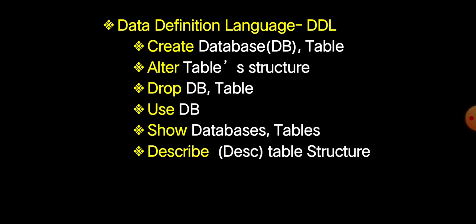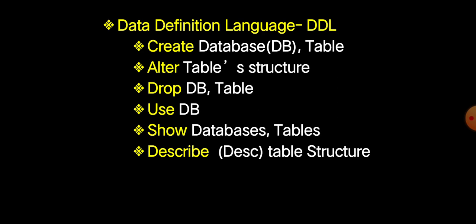Then use means if we want to create a table, use a table, delete a table or access a table, we need to use the database. Then show databases, which gives the list of databases in the database management system.